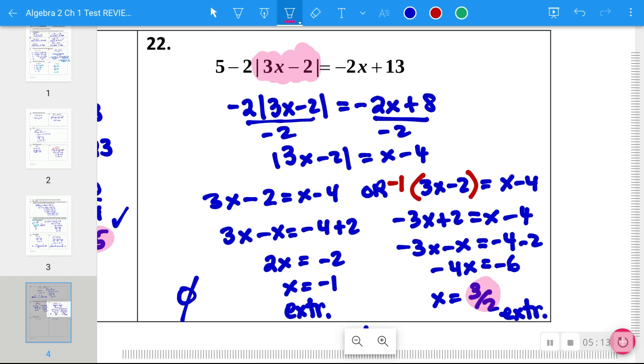Absolute value makes it 2.5. 2.5 times 2 is 5. 5 minus 5 is 0. So we get 0 on the left-hand side. This side over here turns out to be negative 3 plus 13 is 10. So 0 on one side equals 10 on the other is definitely a false statement. And we know we have an extraneous answer there.